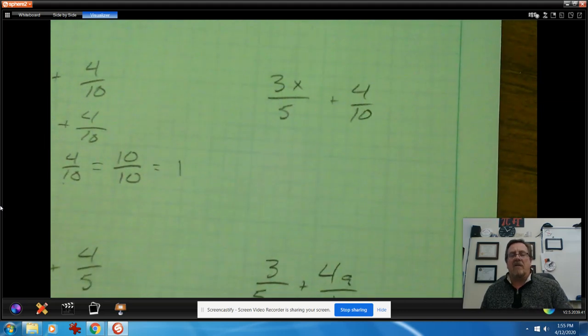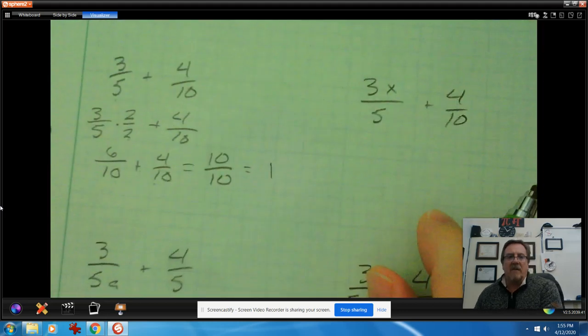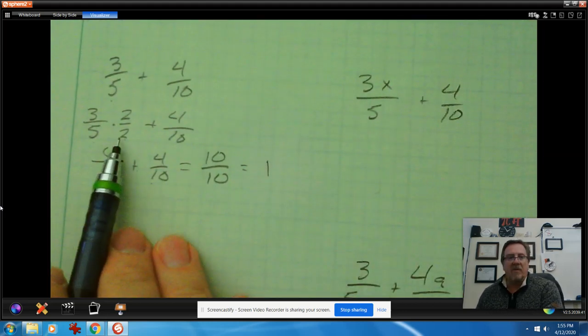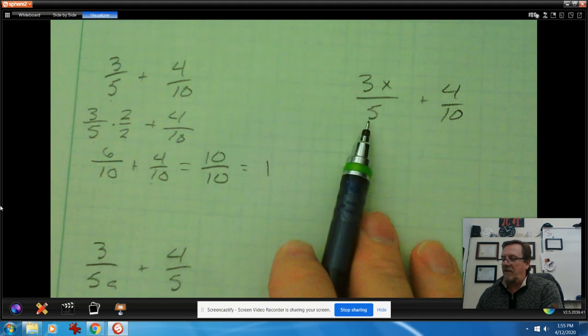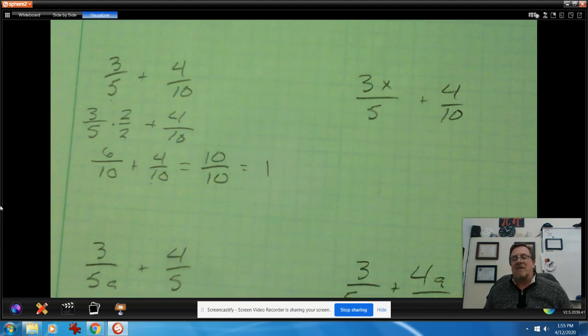Suppose I had 3x over 5 plus 4/10. Again, just like I did before, I'm going to multiply by 2 over 2 because my 5 in the denominator needs to be more like a 10 because my denominator needs to be the same.